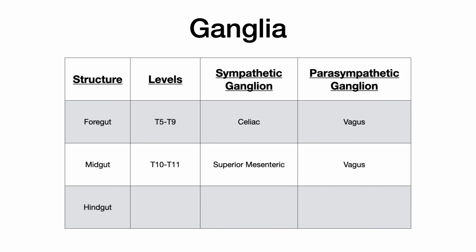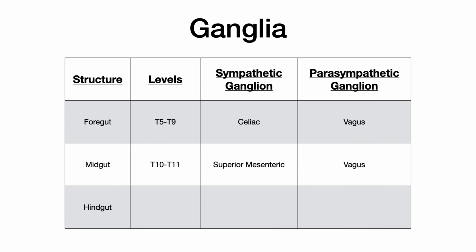The midgut runs from T10 to T11. The sympathetic ganglion responsible for sympathetic innervation to the target viscera in the midgut comes from the superior mesenteric nerve, whereas the parasympathetic ganglion comes from the vagus nerve. So the parasympathetic ganglia for both foregut and midgut is the vagus nerve.